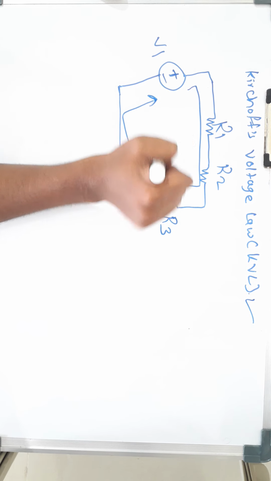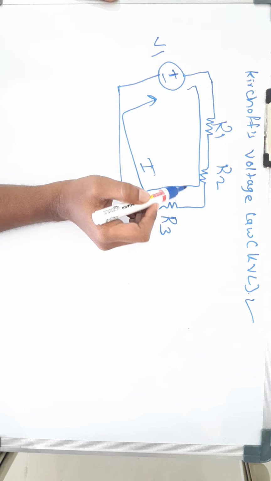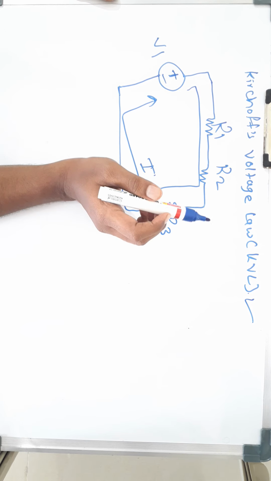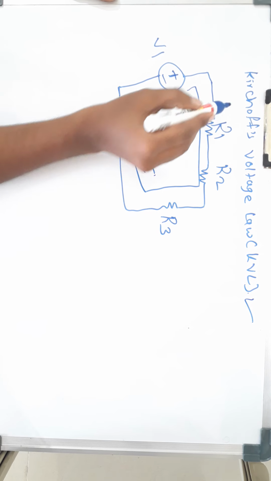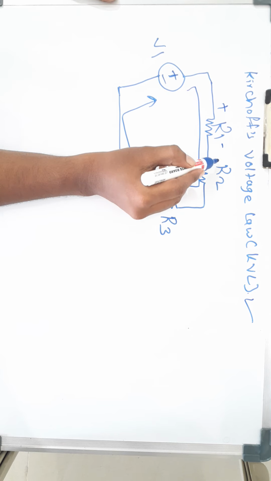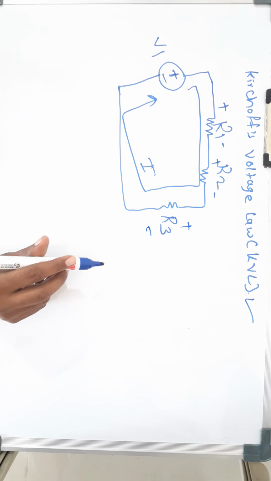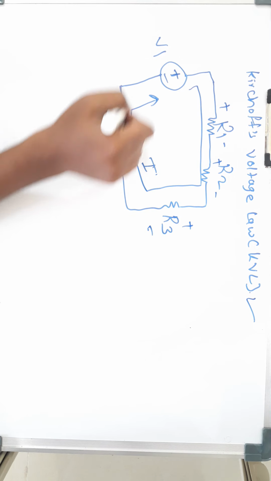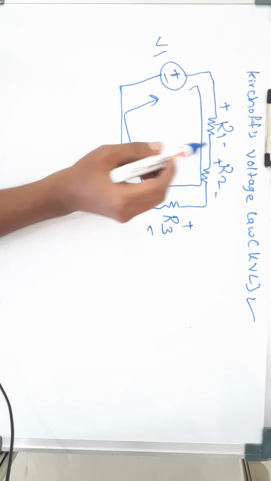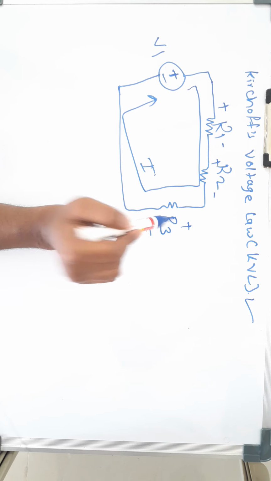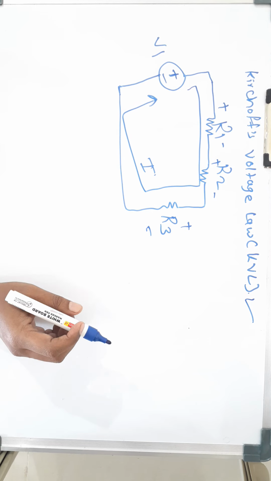After flowing through, we will mark the direction of current in terms of polarity. Here I will write plus minus, plus minus, plus minus. Current flows from positive to negative. R1, R2 and R3 are all connected in series configuration.